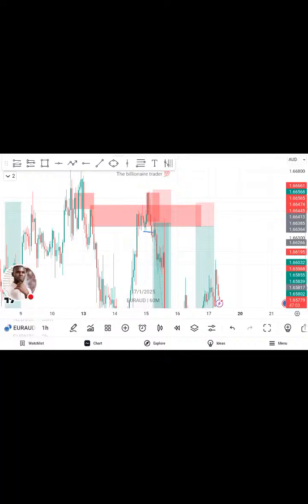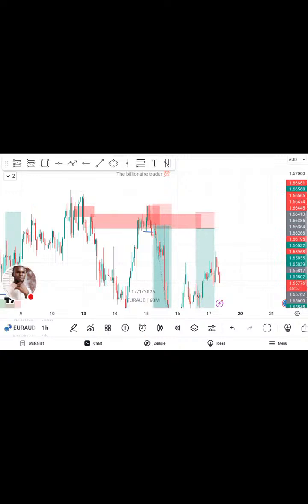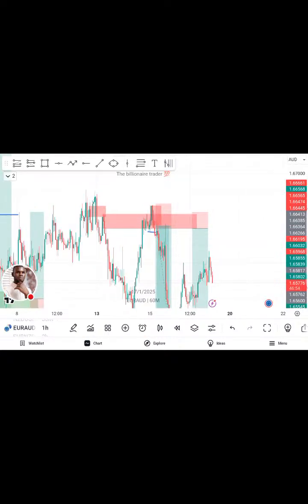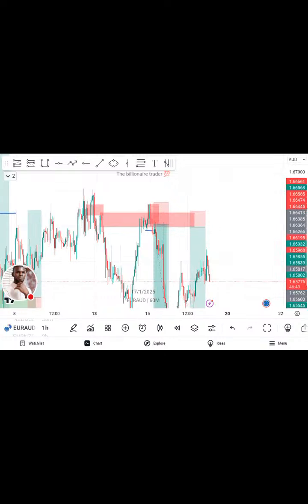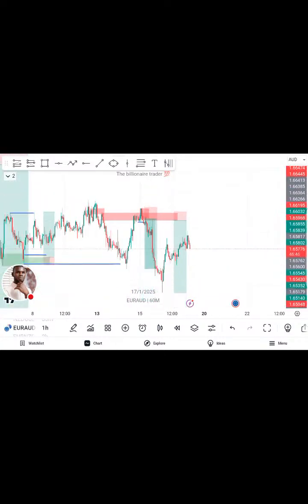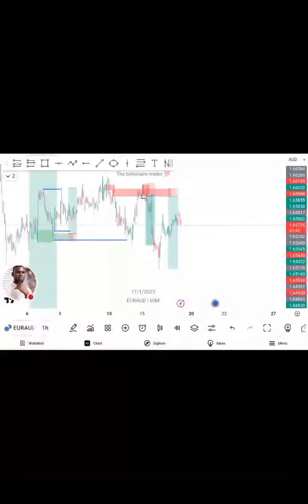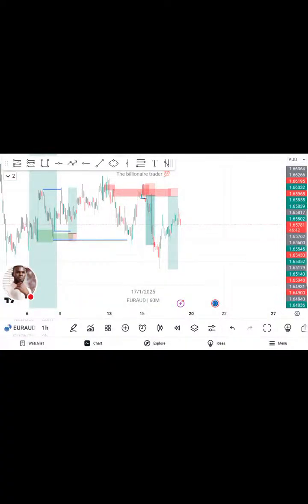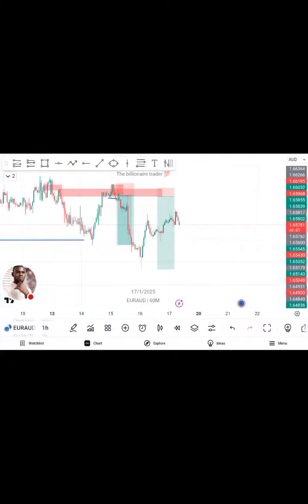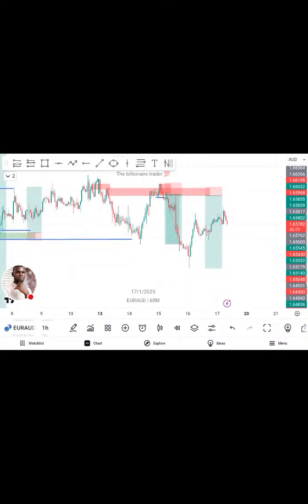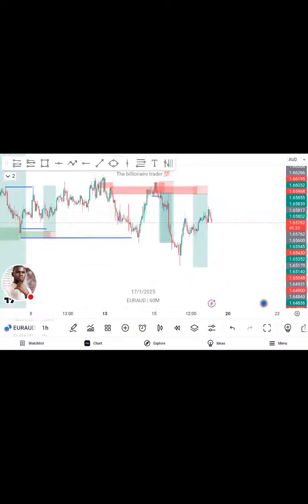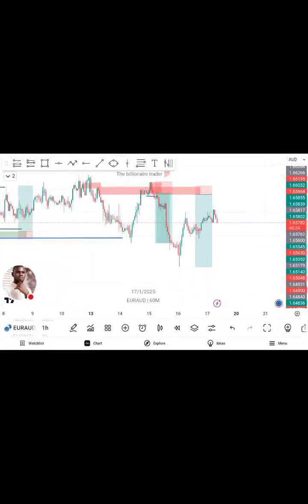But before being invalidated, price reacted to the supply zone, and after the reaction, that supply zone was invalidated. After the invalidation, there was a change of character, and price moved in the other direction. That's exactly the reason for the sell. That's the logic behind it.